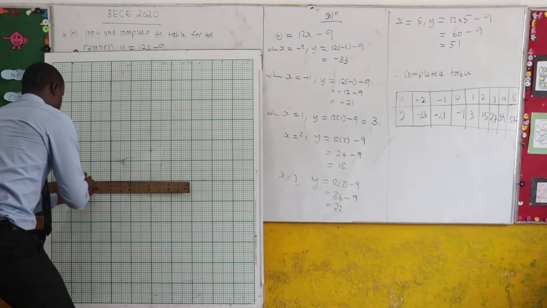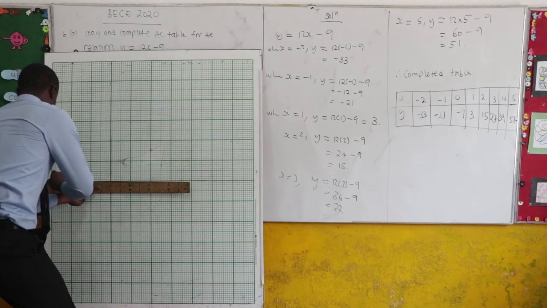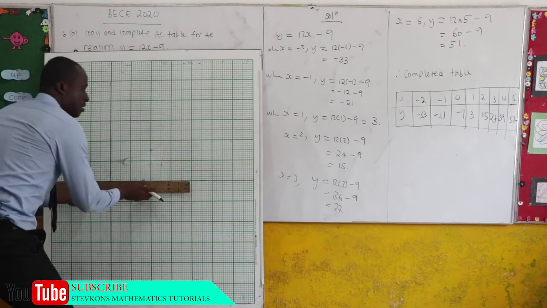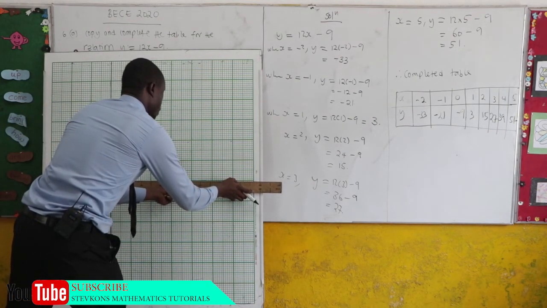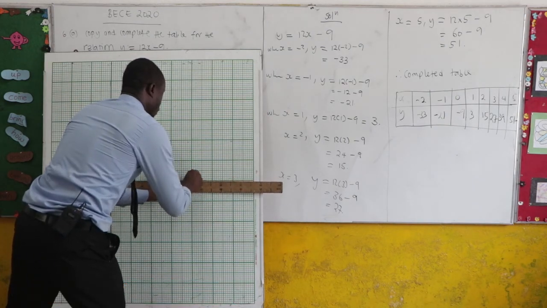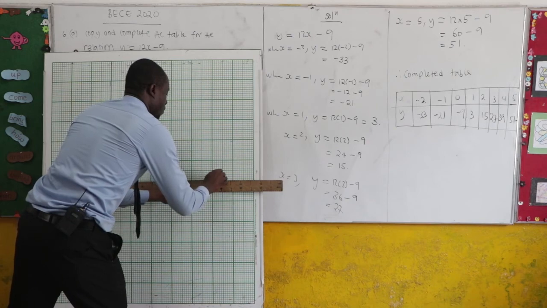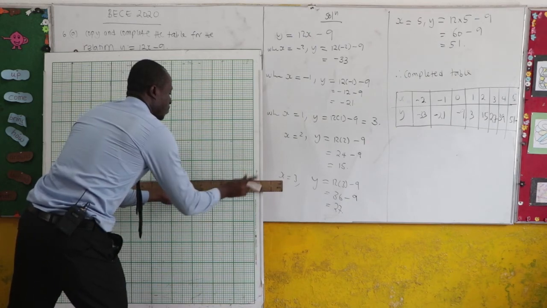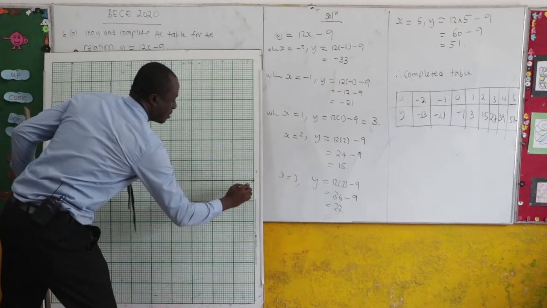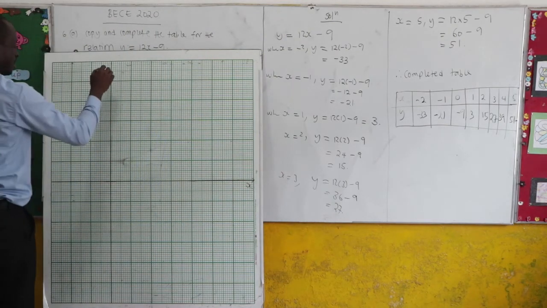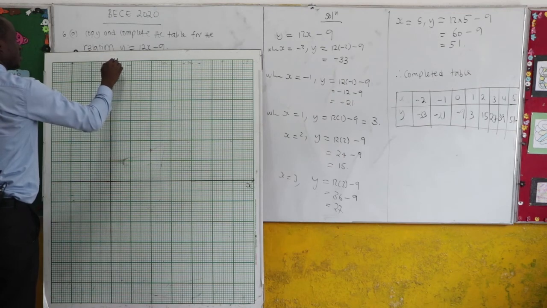First, we have to draw our axis. So this is our x-axis, and then this is our y-axis.